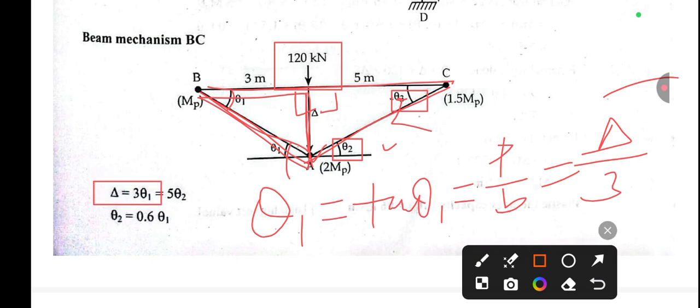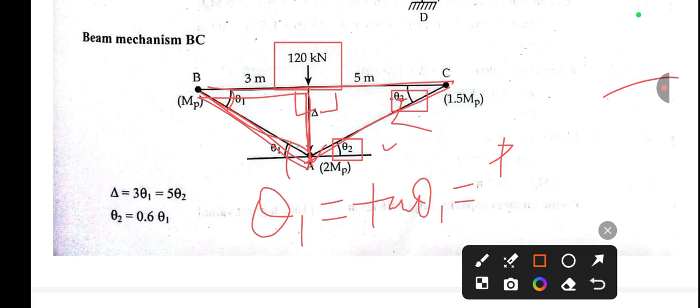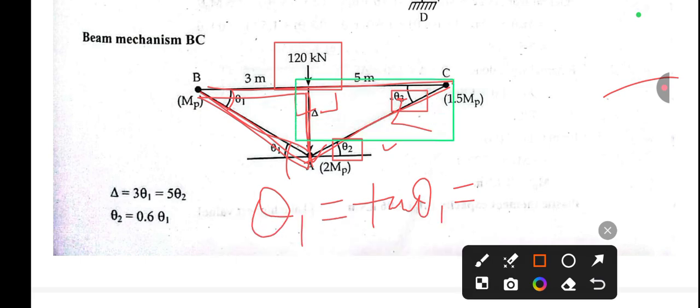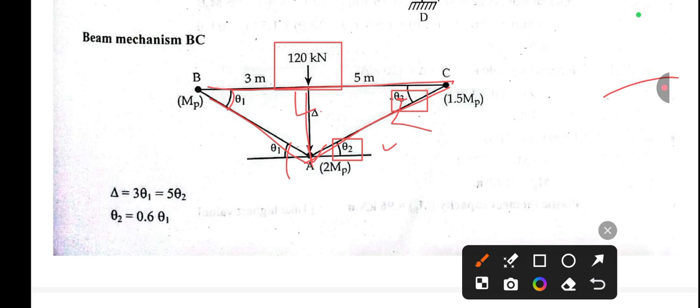Similarly, if we take this other right angle triangle, then in this figure theta 2 can be similarly calculated. Now we are going to take this triangle.